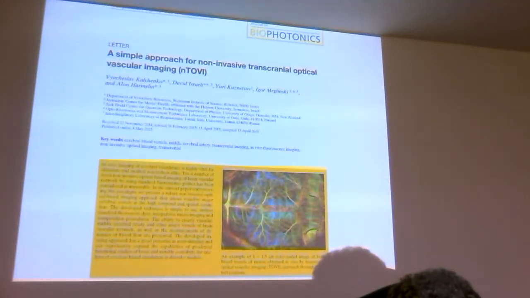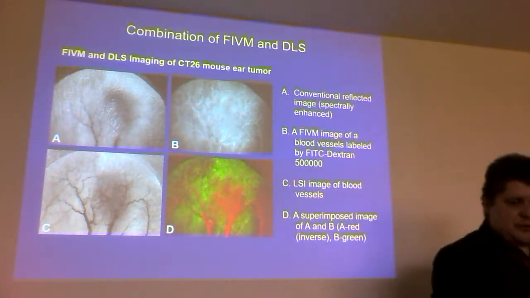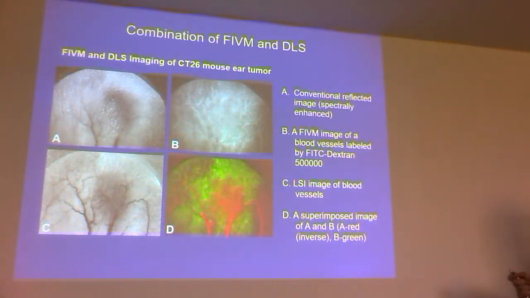This paper is about this simple experiment, which we call TOVI. But basically, combining dynamic light scattering with fluorescence makes a very powerful tool to observe vascular reaction in different applications.